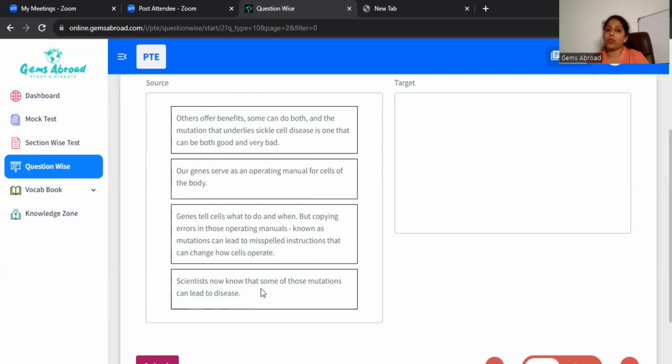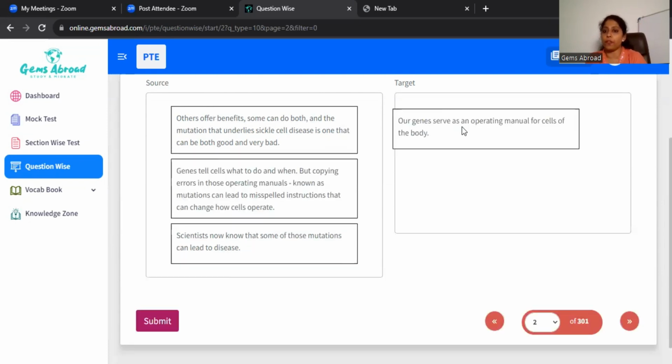Scientists now know that some of those mutations can lead to disease. So you have to select which one is the introduction statement. It is about genes: our genes. So this should be your first topic.